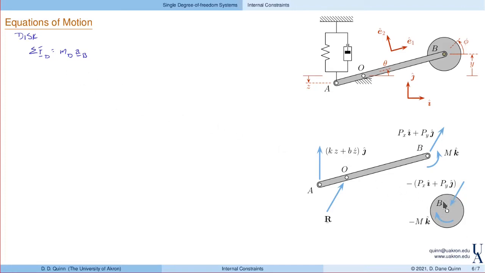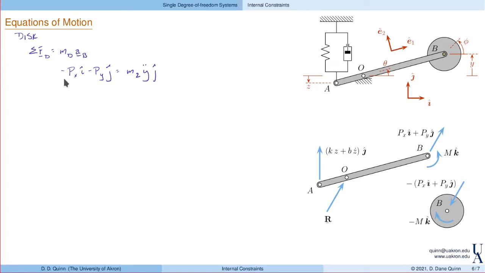There's only one force, really two components. So we have minus Px in the i direction minus Py in the j direction. And that's going to be equal to m2 times the acceleration, y double dot, in the j direction.